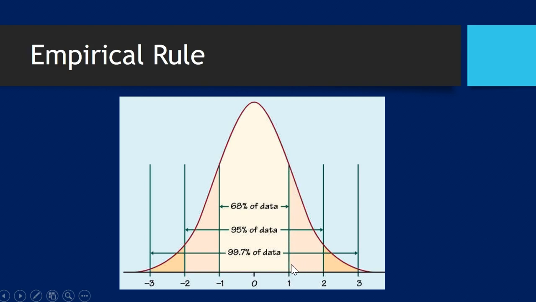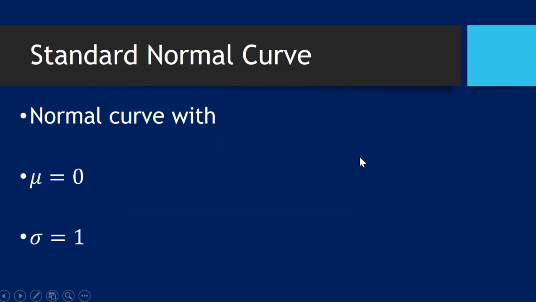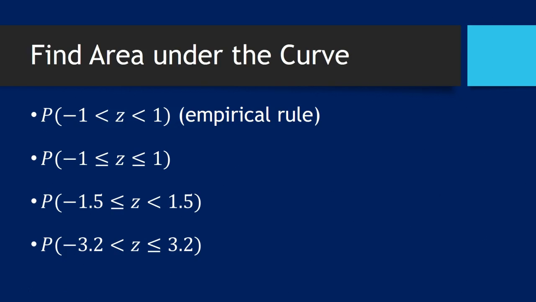So since we can get really, really close to 1 from both the left and the right, and the only thing we're missing is a vertical line, and vertical lines don't have any area, we can kind of ignore the distinction between less than versus less than or equal to when we're on the normal curve. So that's kind of a nice thing. So both of these are 0.6827.